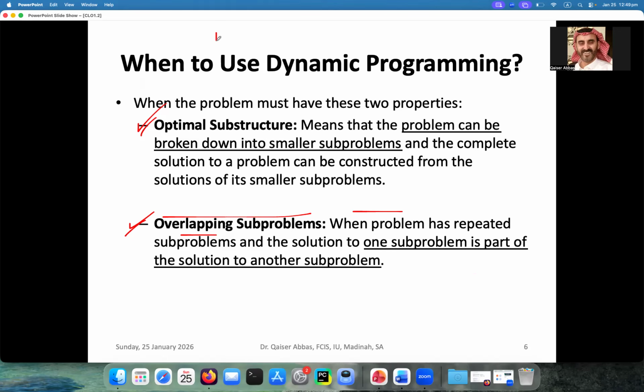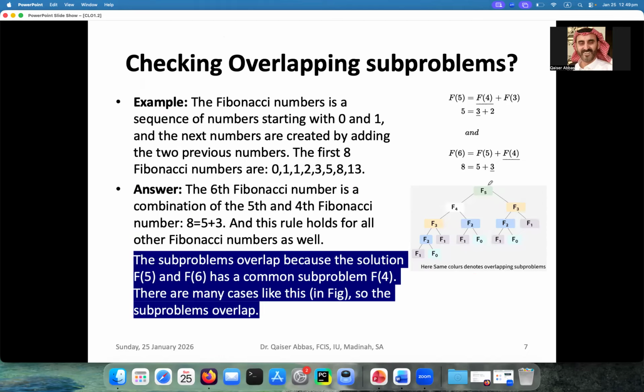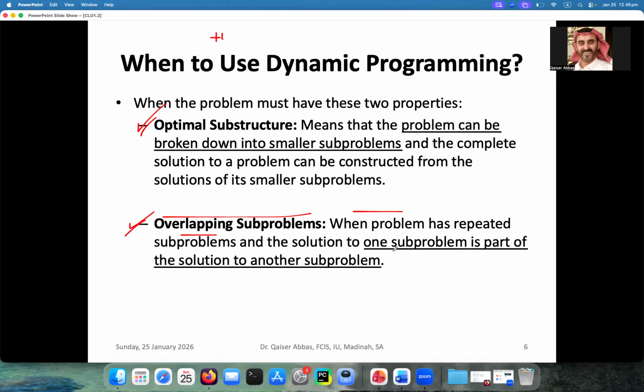I have this example here. Here we are calling f5, and this method in its body is calling again f of n minus 1 and f of n minus 2. This is divided into subproblems, and it is further divided into further problems. And here we are saying when one subproblem is part of the solution to another subproblem.